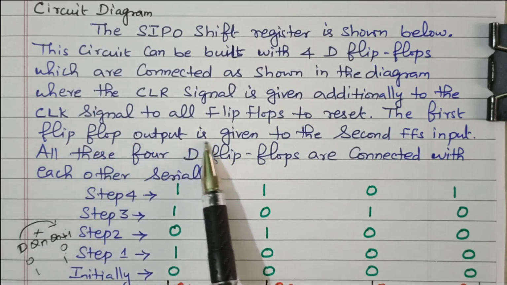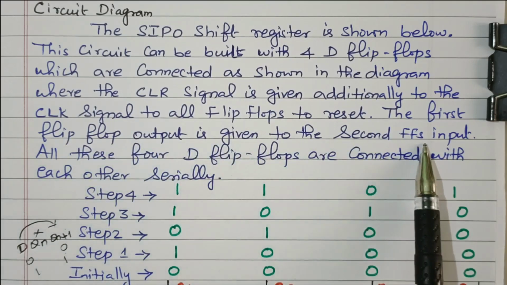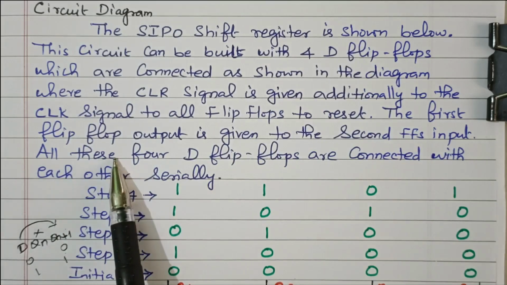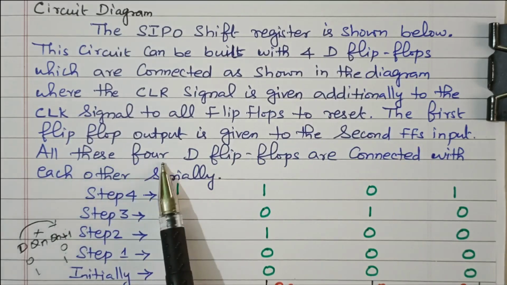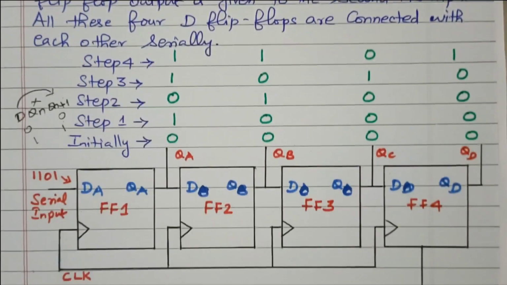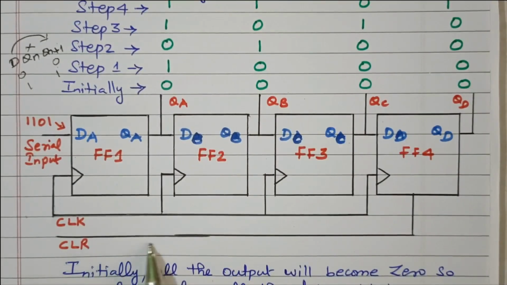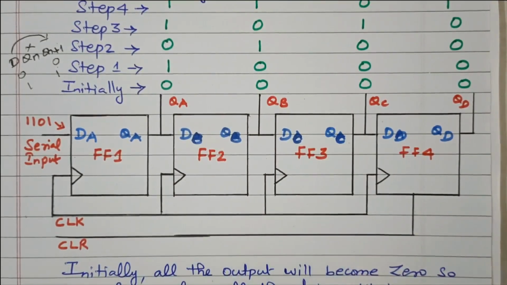The first flip-flop output is given to the second flip-flop input. Like that, the 4 flip-flops are connected serially. Right. See the diagram here. The clear input is also available.